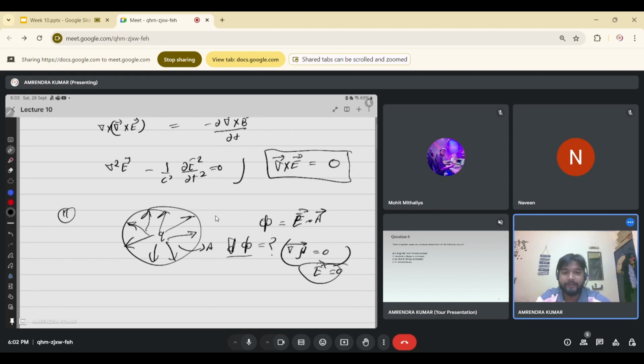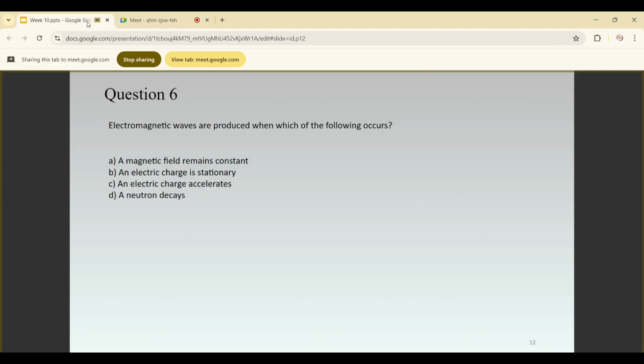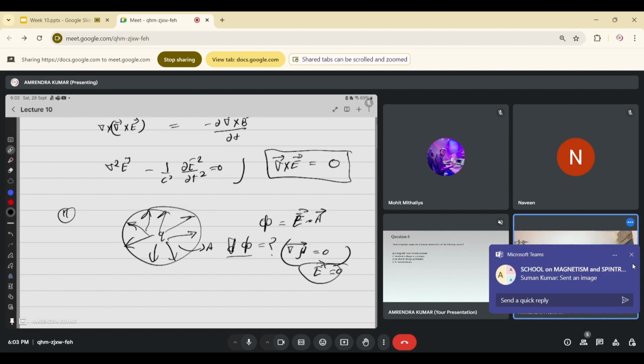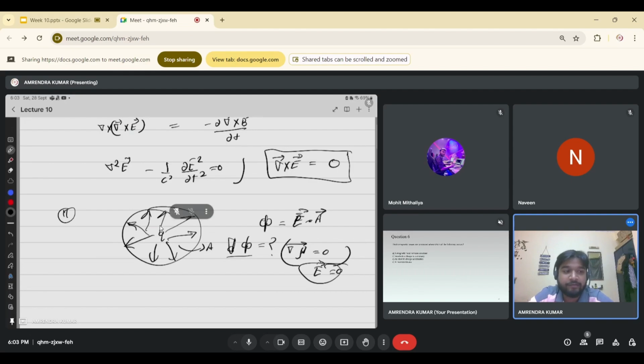And then you have the next stage, electric charge accelerates. When the electric charge accelerates, it is changing with space, and it is also changing with time because of its acceleration.